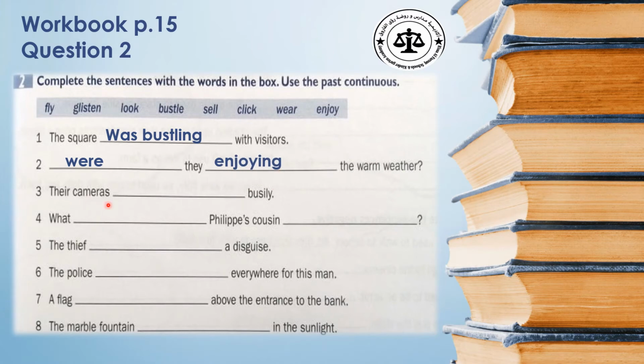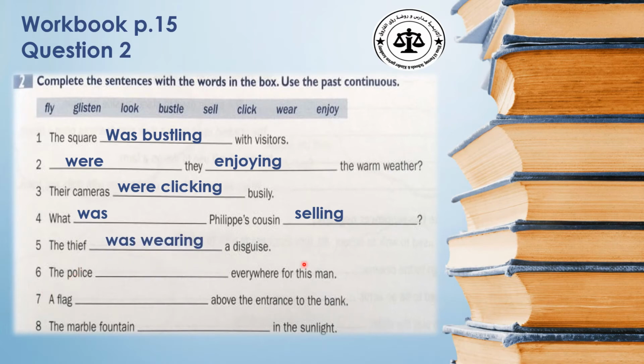The cameras, this is plural, so we're clicking. What? This is a question. What? Philip's cousin. This is a singular noun, so what was Philip's cousin selling? The thief. What? A disguise. So the thief, this is singular, so was wearing.